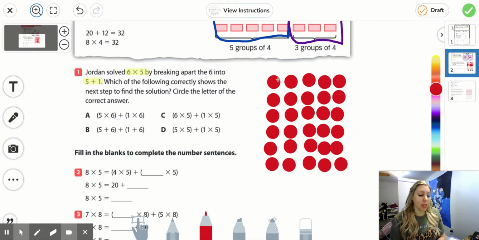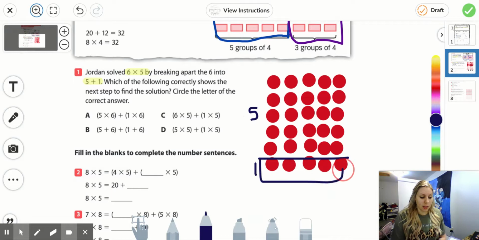So I can see that there's 1, 2, 3, 4, 5, 6 rows. So he broke this apart to be 5 rows and 1 row. So when I look at this first row here, oops, I cut it a little short.